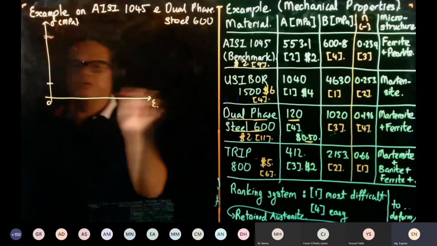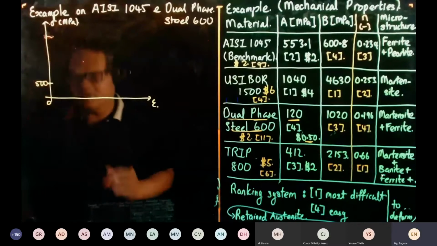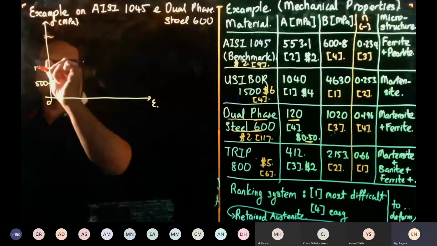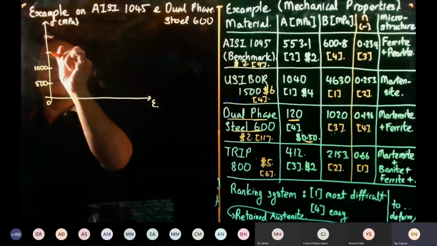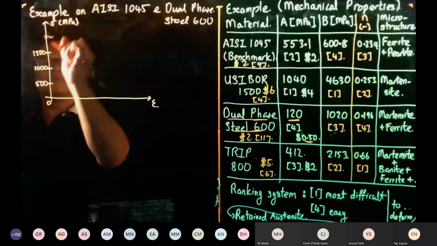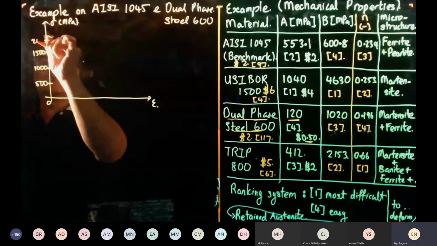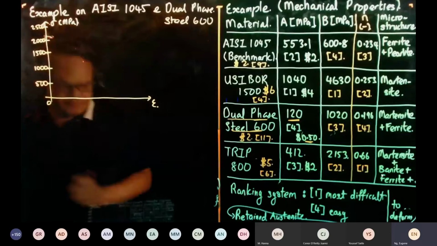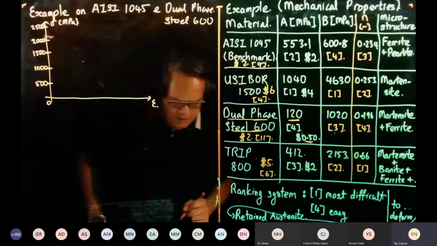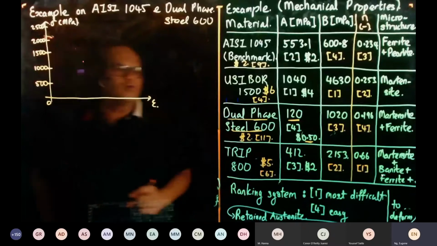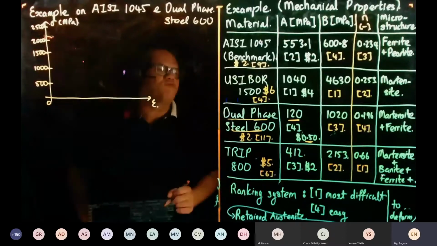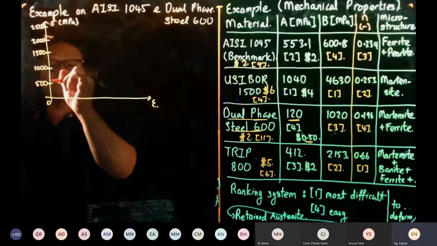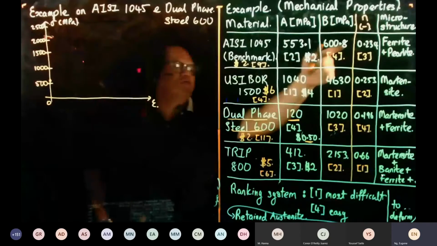So this is 500, 1,000, then 1,500. Then you have 2,000, you have 2,500. And then we're going to sketch. So the first sketch I'm going to do is 1045. So 553.1. So 553, we know the 553 is over here. B and N is 600.8 and 0.234. So we will do this.